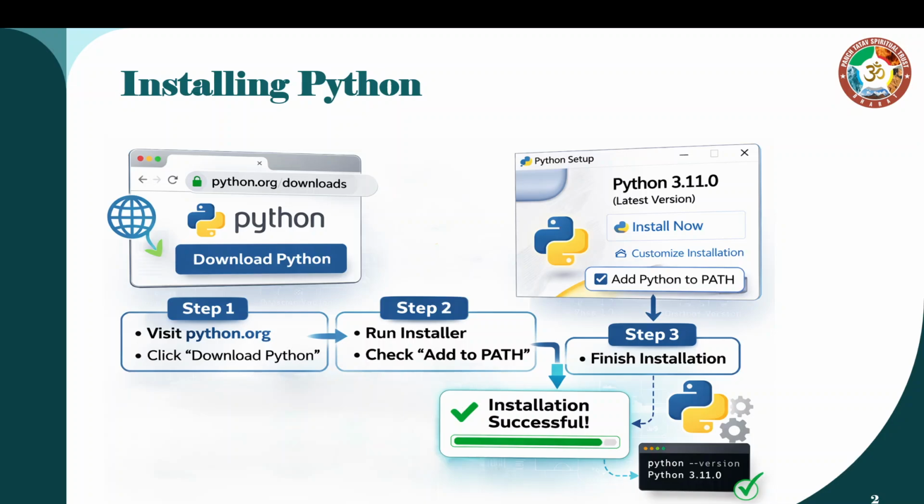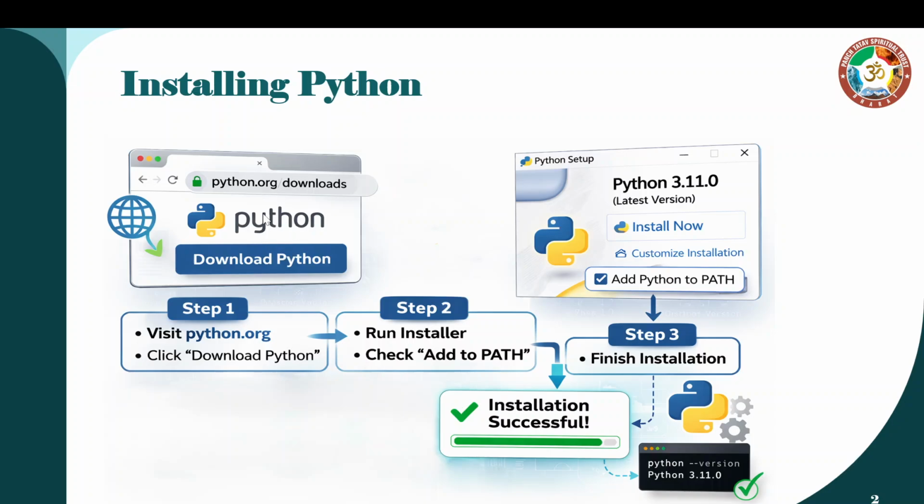Now, to run Python programs on a computer, we need Python software. Just like to browse the internet, we use Google Chrome. To watch videos, we need YouTube. In the same way, to write and run Python programs, we need Python installed on our system.